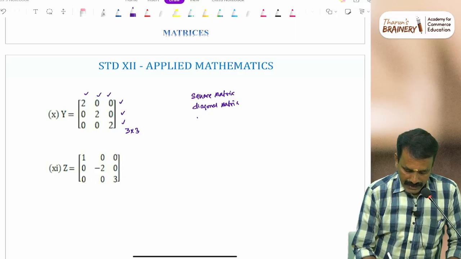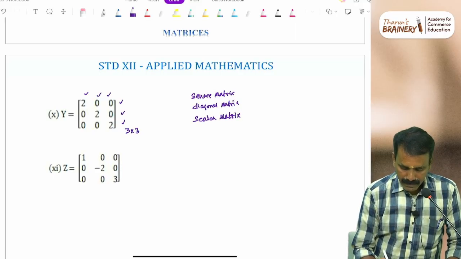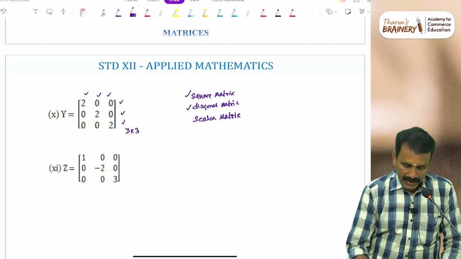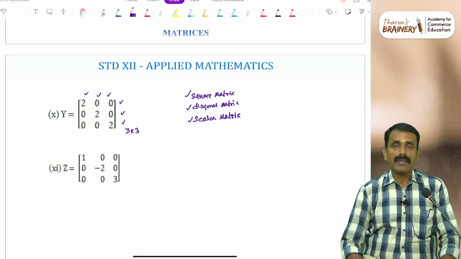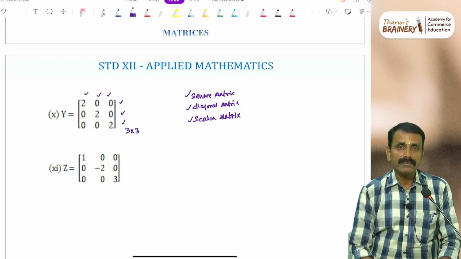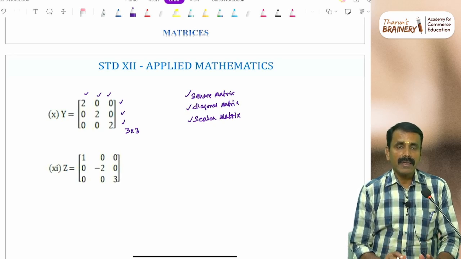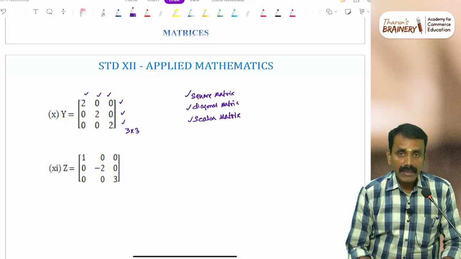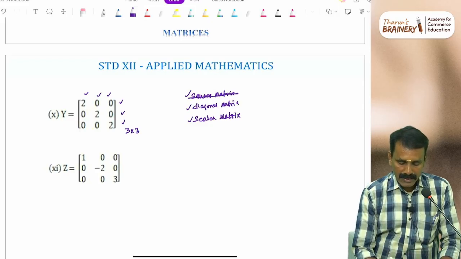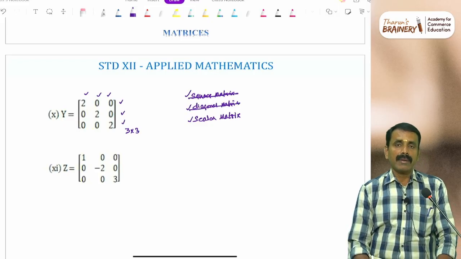So, it is a scalar matrix. Now, we have three options: one is square matrix, the next is diagonal matrix, and the other is scalar matrix. But the apt one, the correct answer, is scalar matrix. It may be a square matrix, it may be a diagonal matrix, but since all the diagonal elements are equal, we must call this matrix a scalar matrix only. We are not supposed to say this is a square matrix or diagonal matrix.